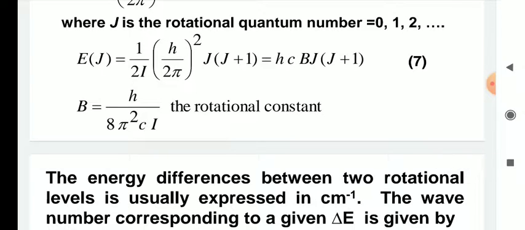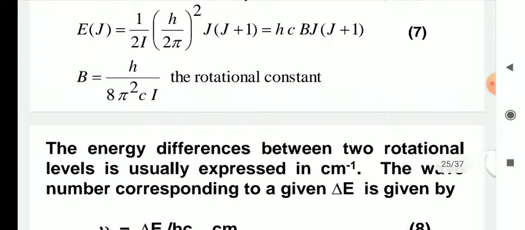In equation number 7, the rotational energy of a molecule depends solely upon the rotational quantum number and the value of B, the rotational constant, wherein the rotational constant depends solely upon the moment of inertia, since h and c are constants in the rotational constant equation.